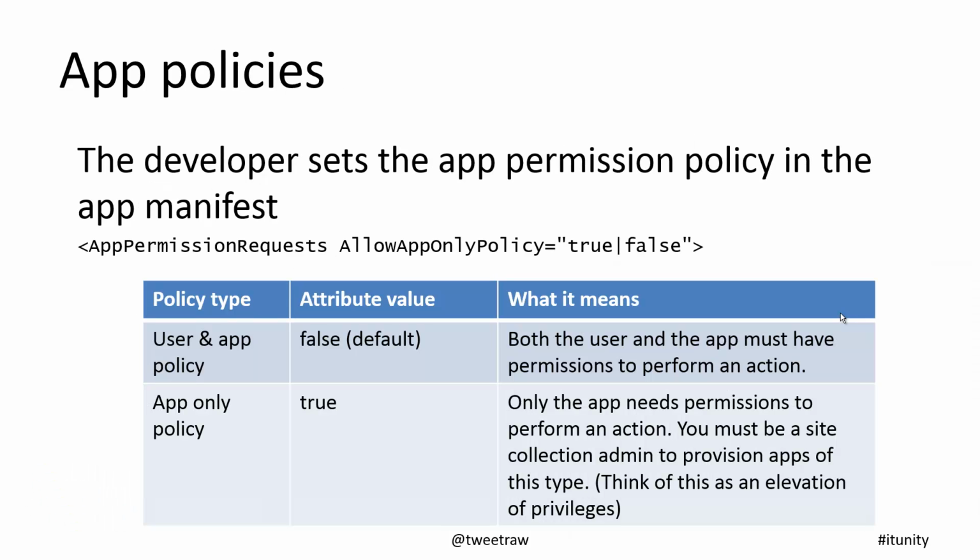Let's talk a little bit more about this. Again, the developer has control over lots of different things on how the permissions and security work. Here's another characteristic that's interesting to note. Remember a few minutes ago I talked about the concept of an App Principal being different than the user principal, which is what we had in the old days of the full trust code within our farm solution model.